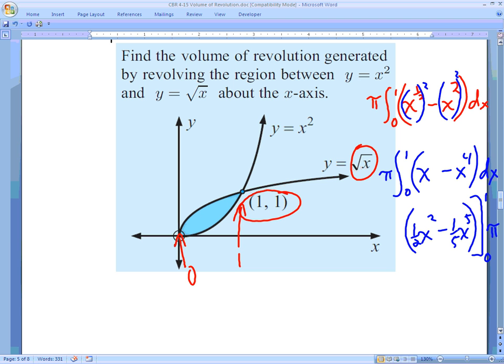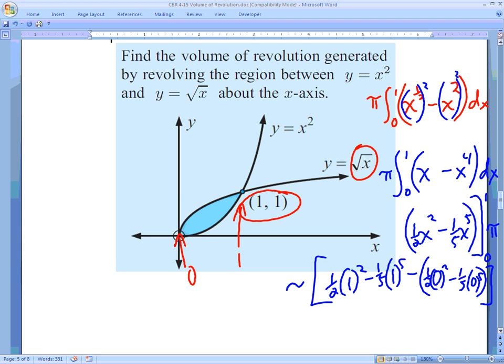As I plug in my 1, I'm going to have 1/2 times 1 squared minus 1/5 times 1 to the 5th, minus 1/2 times 0 squared minus 1/5 times 0 to the 5th power. And then all of this is going to get multiplied by pi.